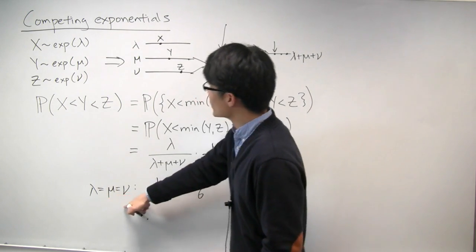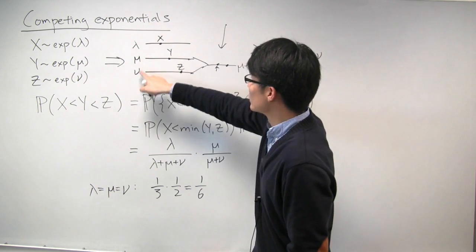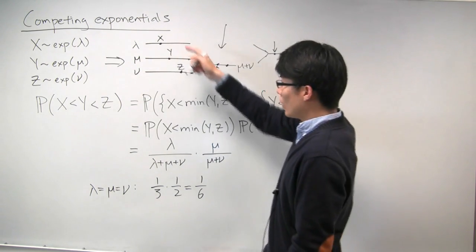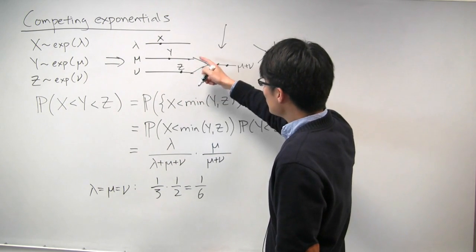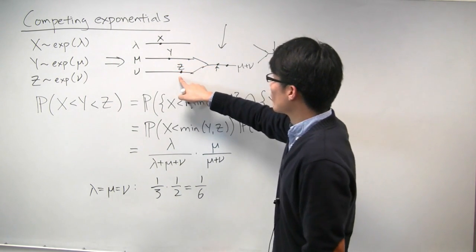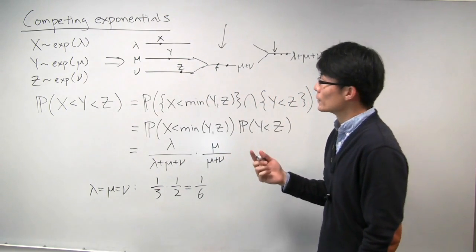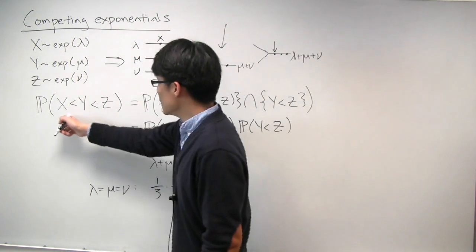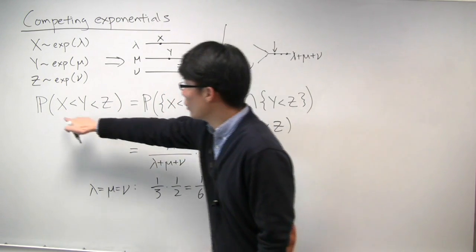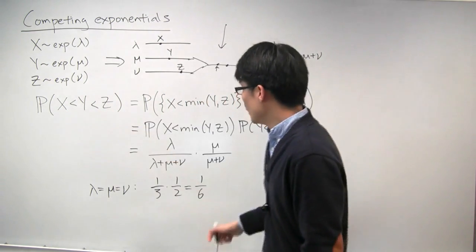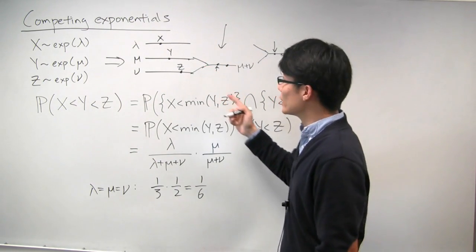If all three parameters are the same, the arrival rates are all the same, which means any ordering of the three arrivals is as likely as any other. What we're interested in is the probability of one particular ordering, X first, then Y, then Z. If everything is symmetric, any ordering is as likely as any other.